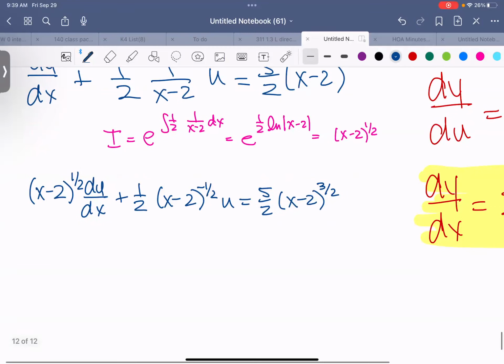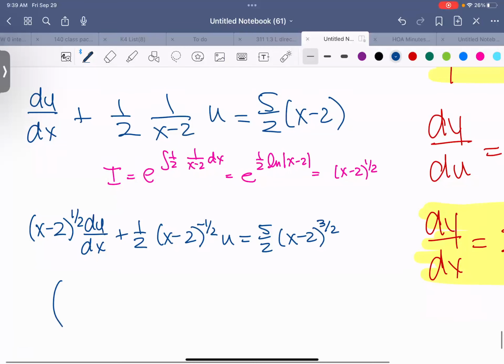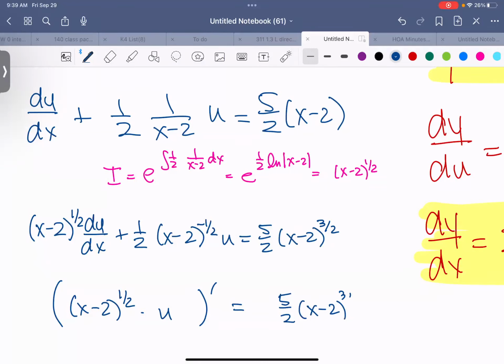So therefore, what's on the left can be rewritten as x minus 2 to the 1/2 times u prime, and the right-hand side stays the same. And we can go ahead and integrate with respect to x.